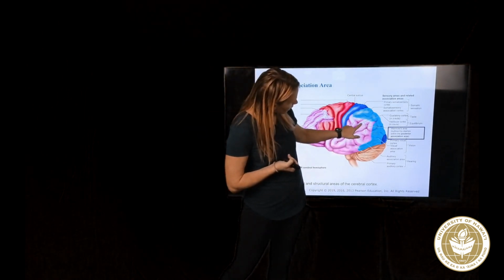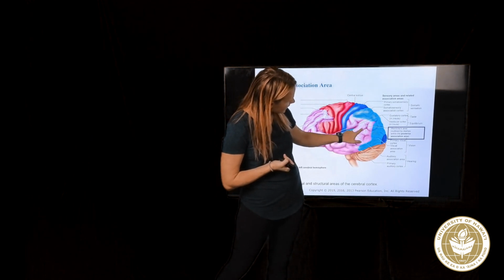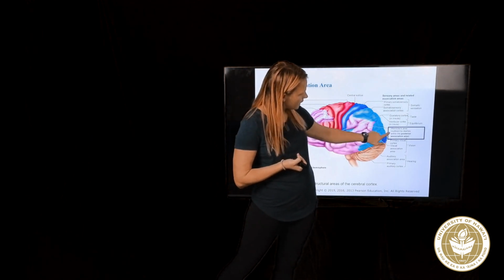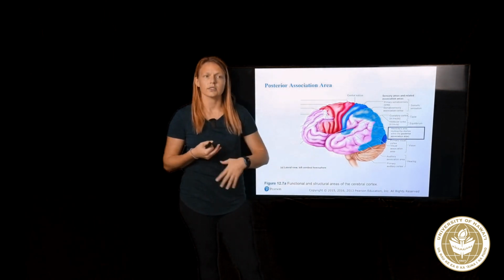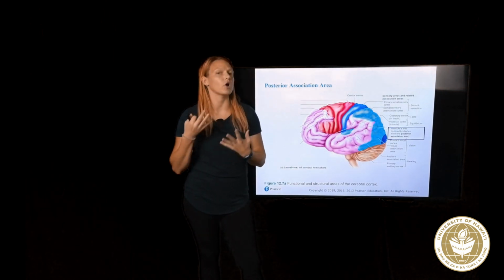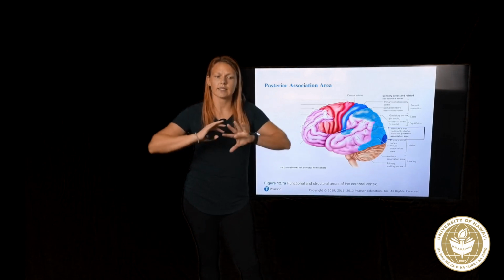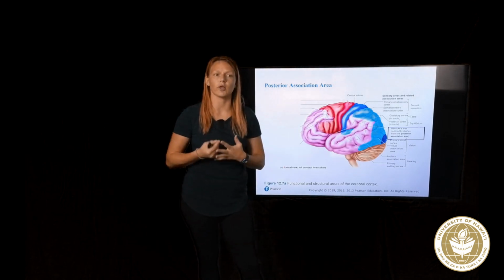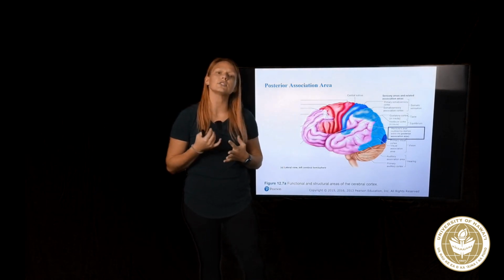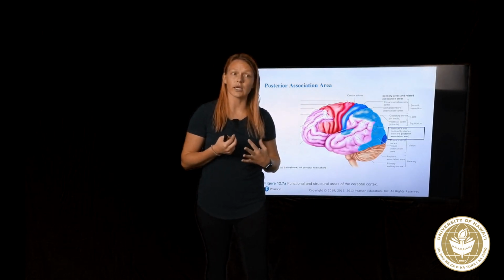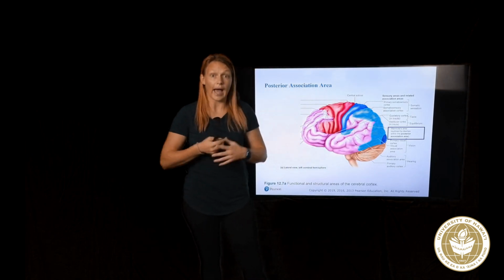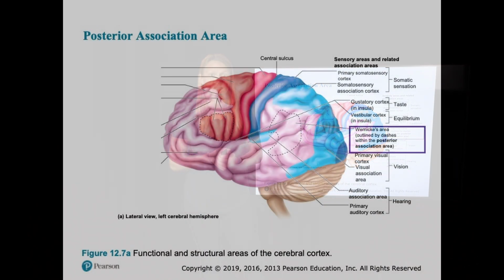And you can see that Wernicke's area, outlined by these dashes, is going to be part of that. It is within that posterior association area. So this is going to receive input from multiple sensory areas. It sends outputs to multiple areas, and it allows us to give meaning to information received, store in memory, and then tie it to a previous experience and decide on how we want to react to that.